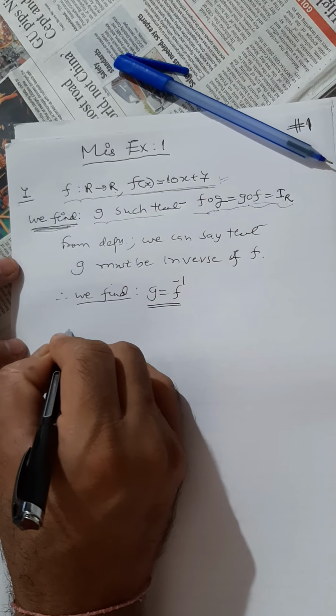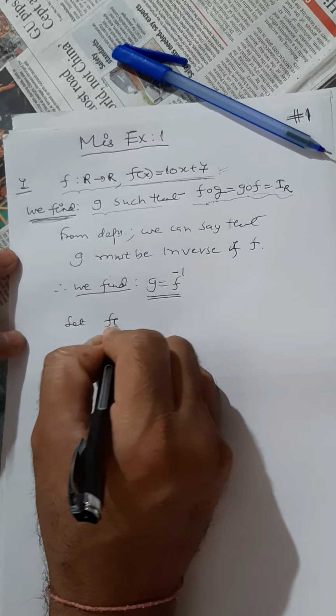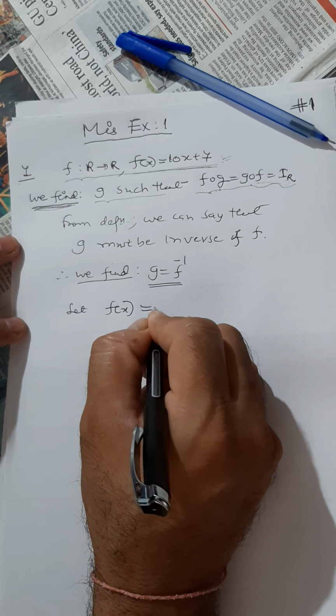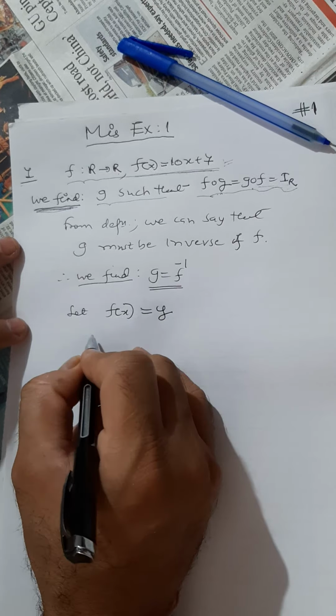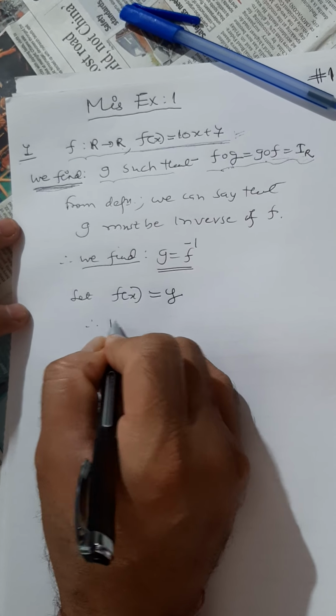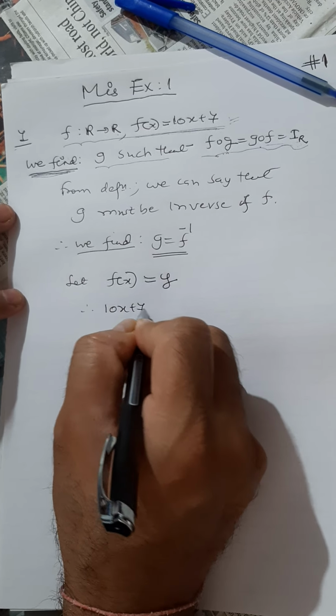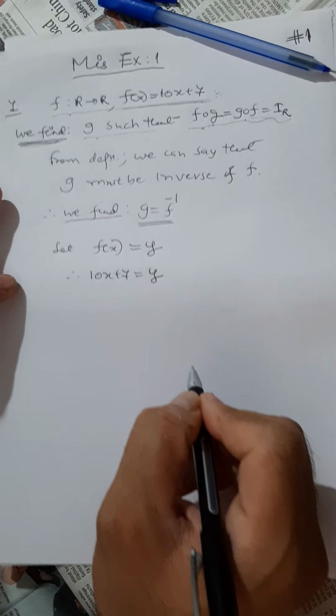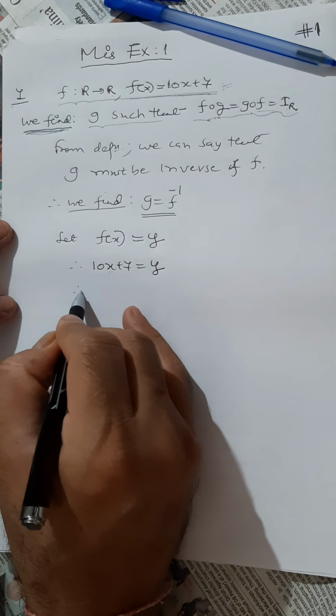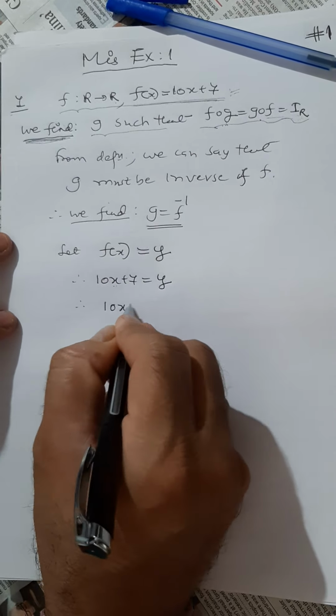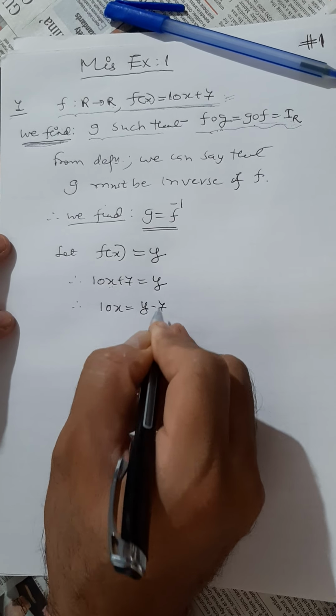So you know the method. Let f(x) equals y, this is the procedure. Now put the formula for f(x), that is 10x plus 7 equals y. Make x the subject of the expression. So 10x equals y minus 7.